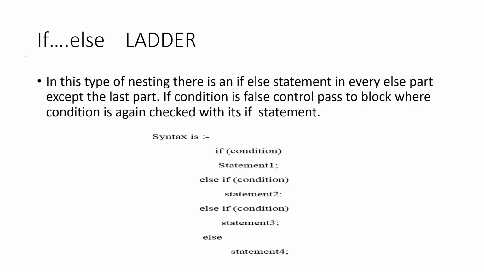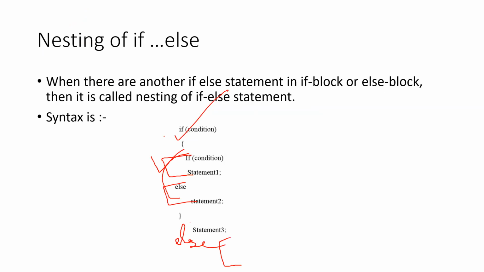Now I am talking about the if else ladder, which means continuously checking if else statements, not nested, but continuously checking. In a simple if else only one condition is checked, and if false, it jumps to the else body.